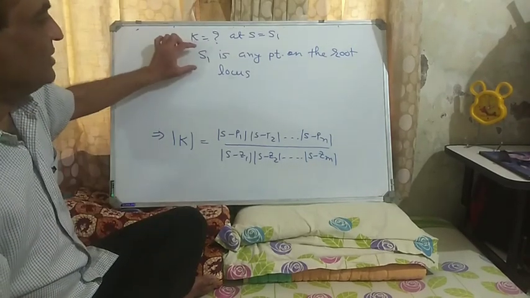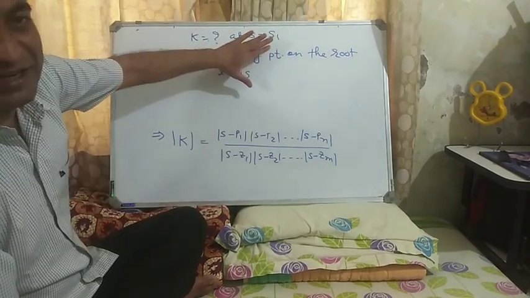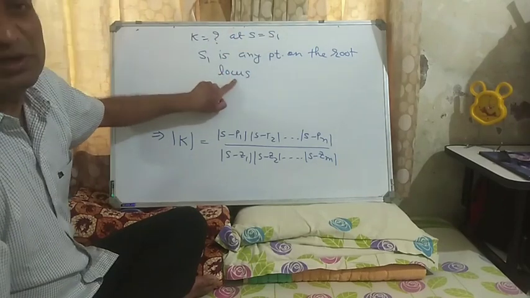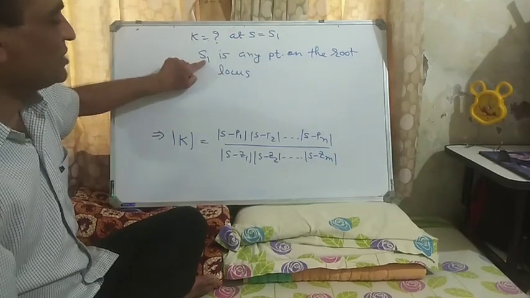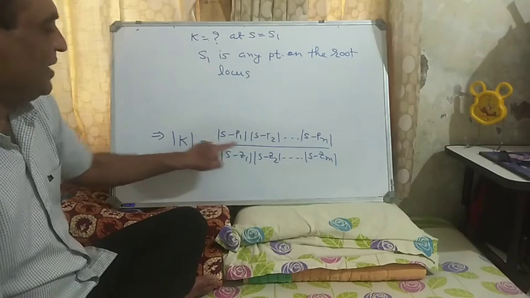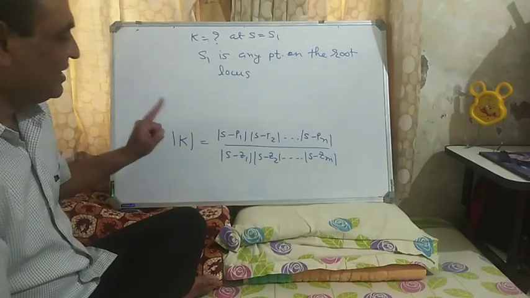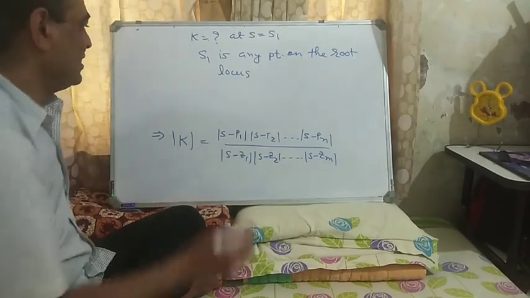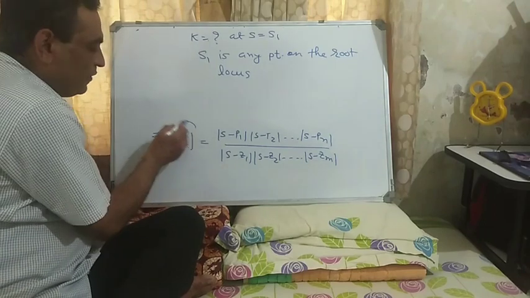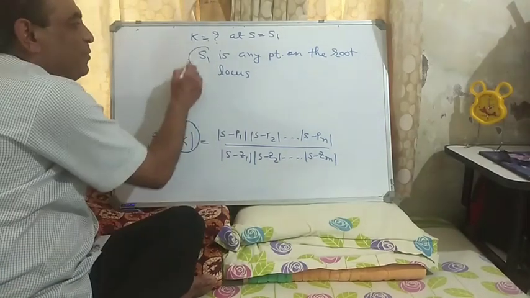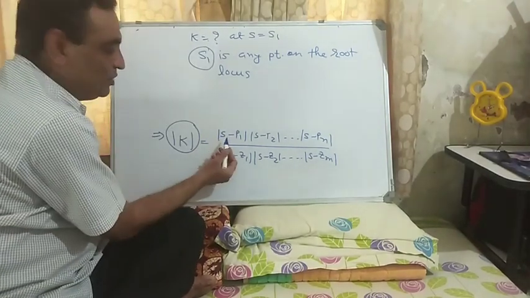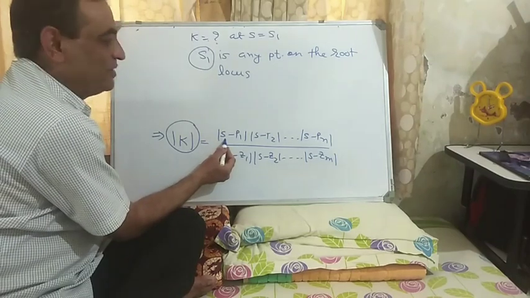Since that point lies on the root locus, it satisfies the characteristic equation, so s1 also satisfies this equation. It means that to find the value of K at any point s1, I need to replace s with s1 here.